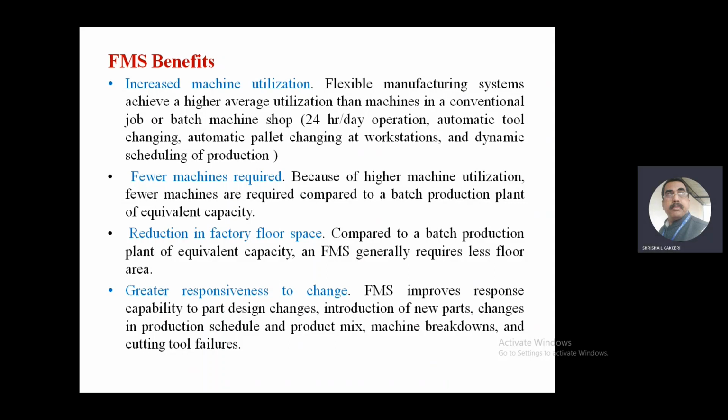What is the meaning of line balancing? What is the meaning of line?